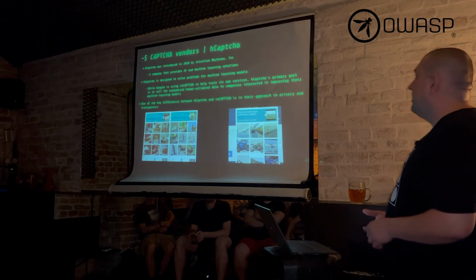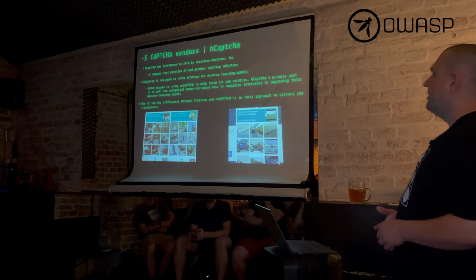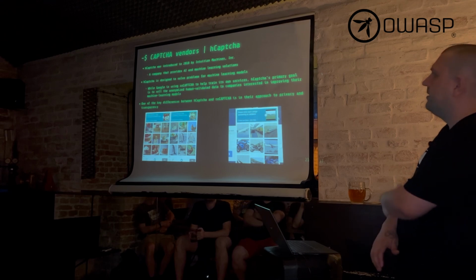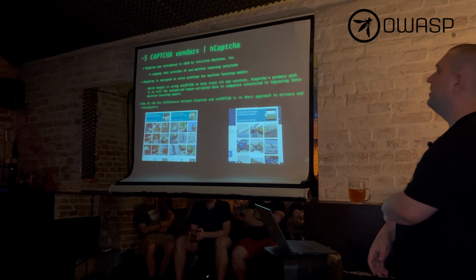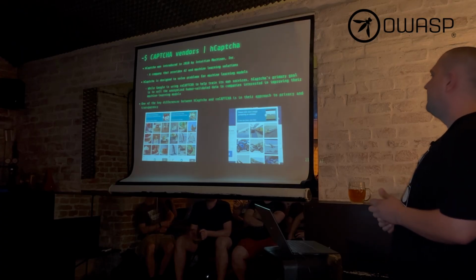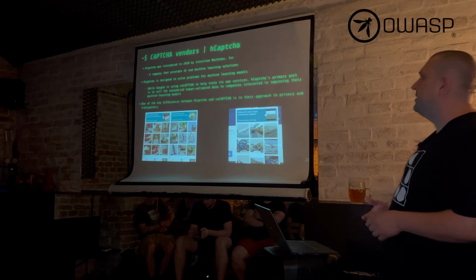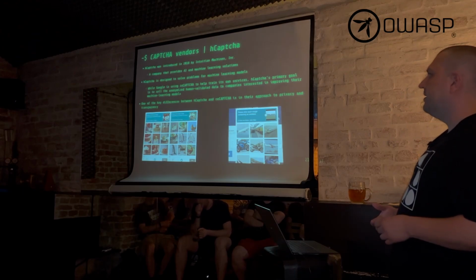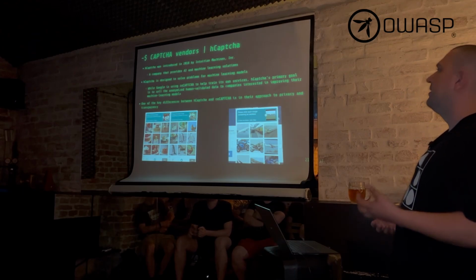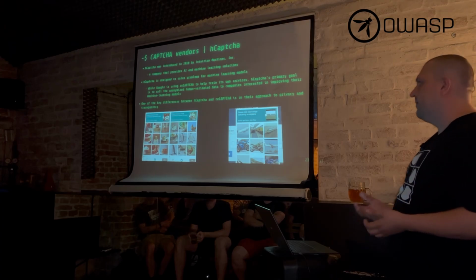So you probably don't know hCaptcha, which is founded by Intuition Machines. It's kind of the opposite of what Google is doing. They don't have any text-based version. They only have image recognition, and they sell the CAPTCHA space to different vendors.